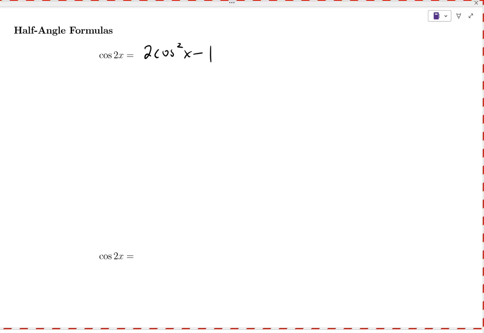So what we're going to do to create the half angle formula is I'm going to solve for cosine x. Okay? So we will add 1 to both sides and divide by 2.